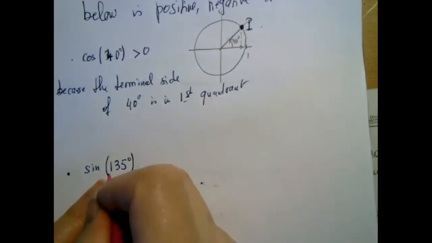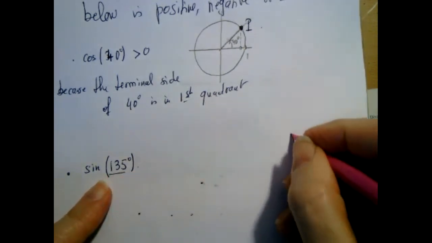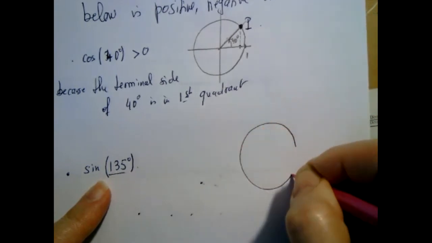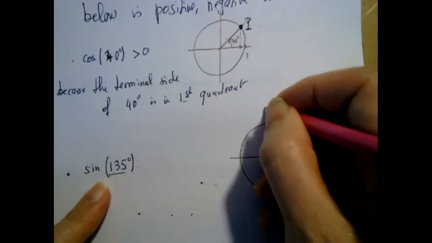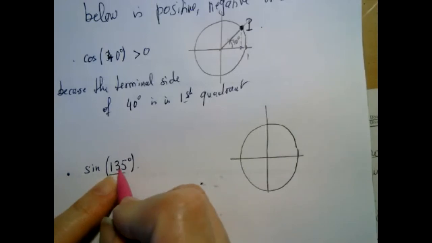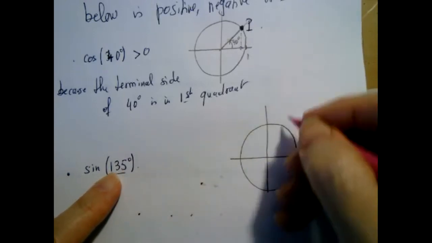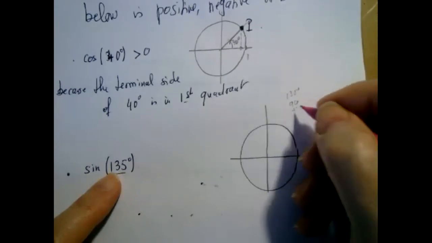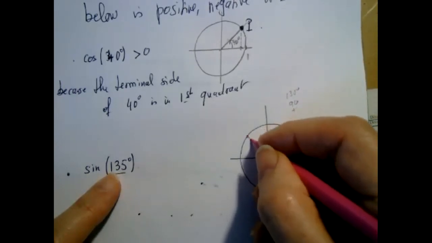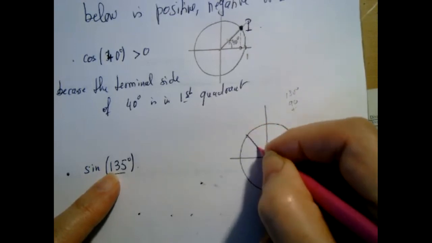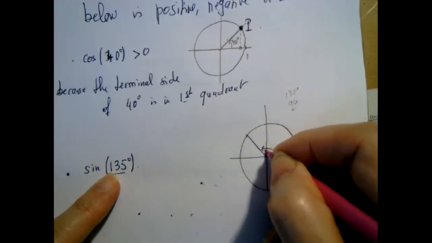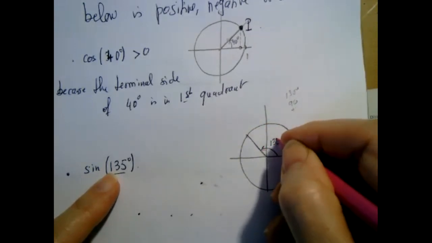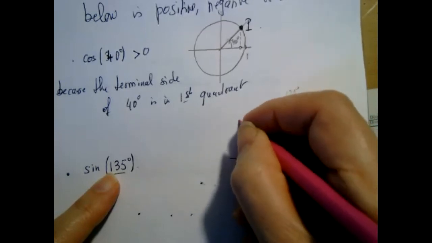Let me see. 135, where does this angle fall? It's more than 90 and less than 180. So 135 is like 90 plus 45. So it's somewhere in here. That's 135. So that's my point P.